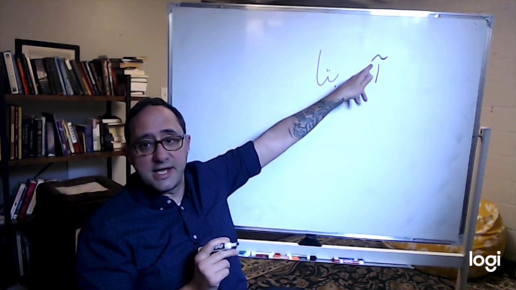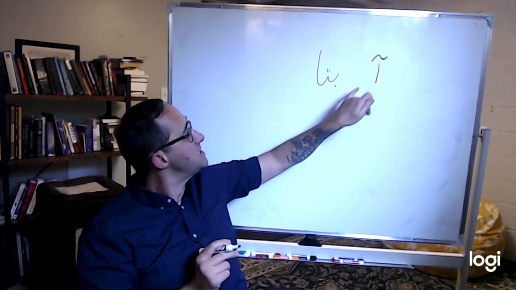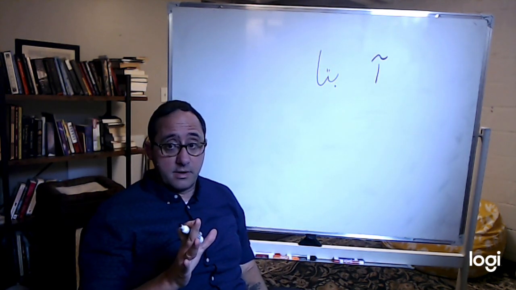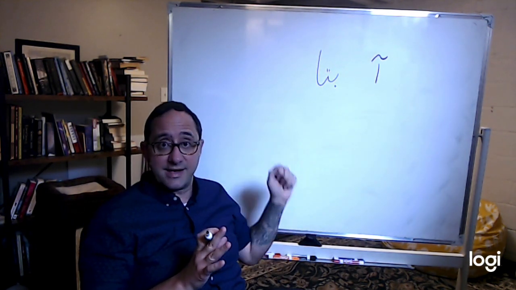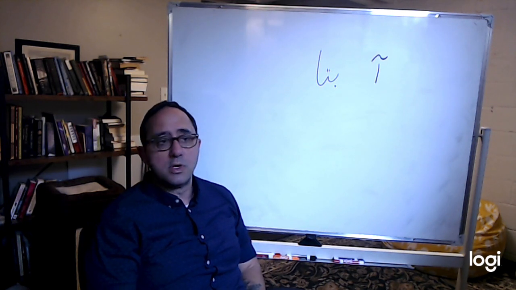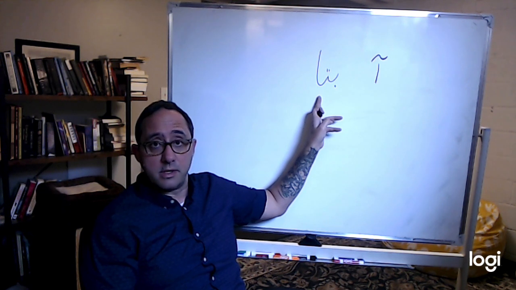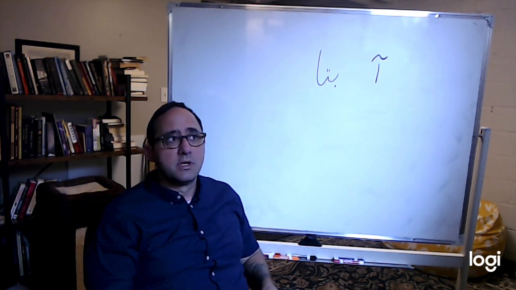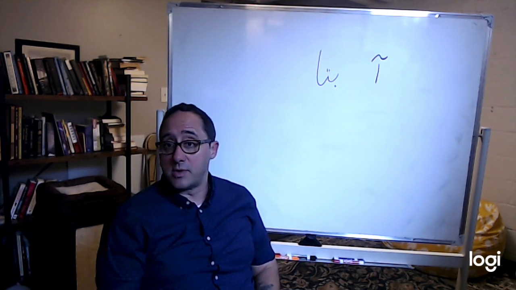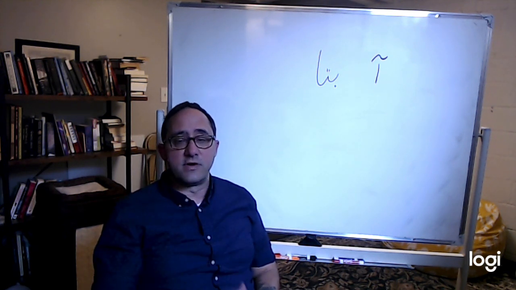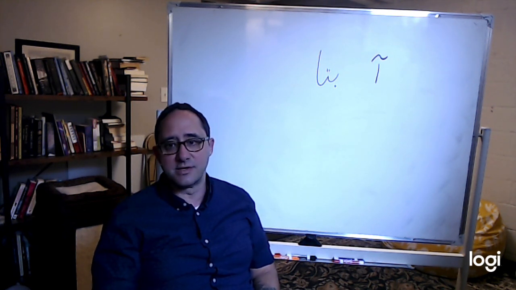There's no tilde thing on top of it. So it has a different form here. It doesn't have a middle form because it doesn't connect to anything after that. So this will look different once it's in a word. Okay? It will look a lot more similar than if you remember Devanagari. Devanagari, the middle version, well, no, even in this it looks a lot different.